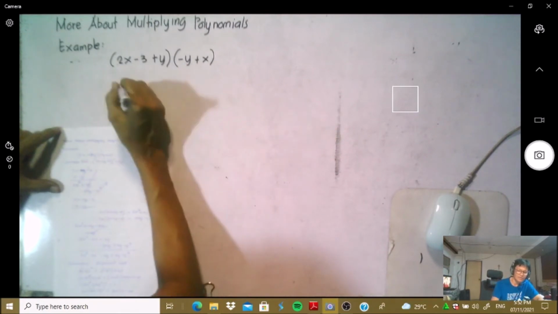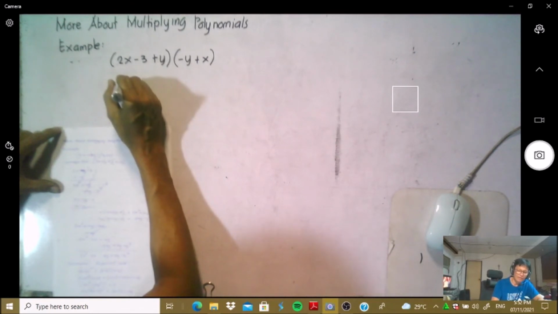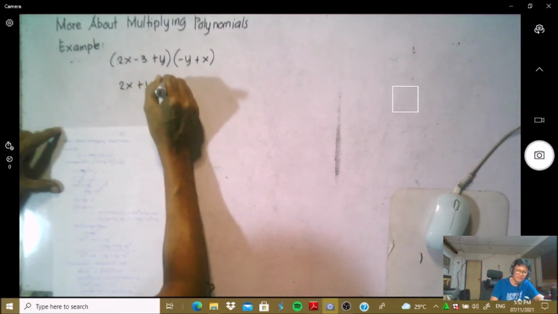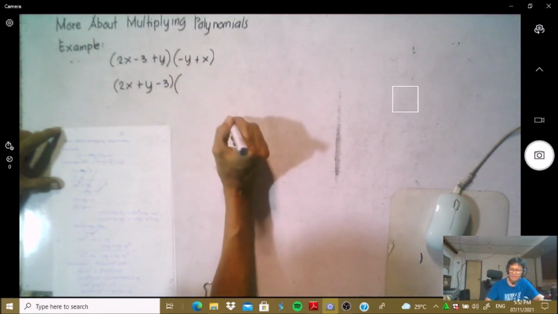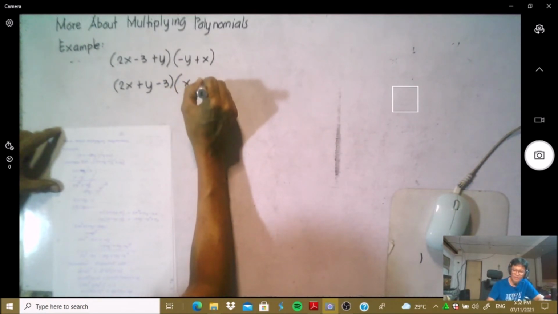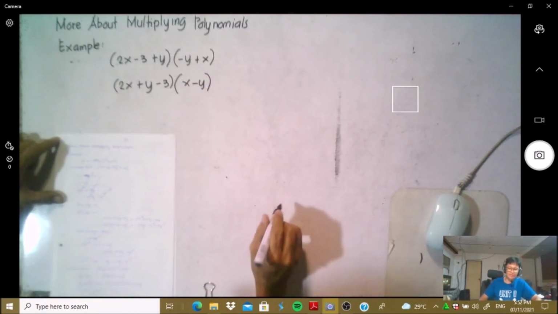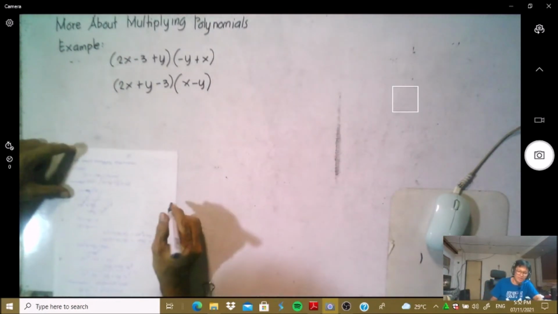For the first term, we have 2x plus y minus 3. For the second term, we have x minus y. Then we can proceed with multiplication, and this is multiplying a trinomial with a binomial.